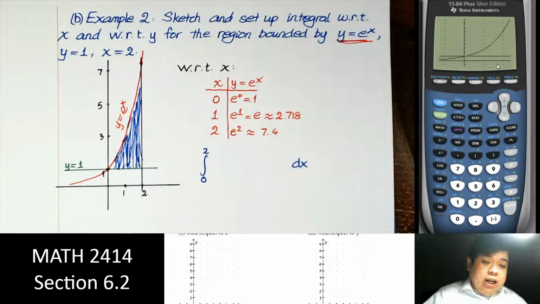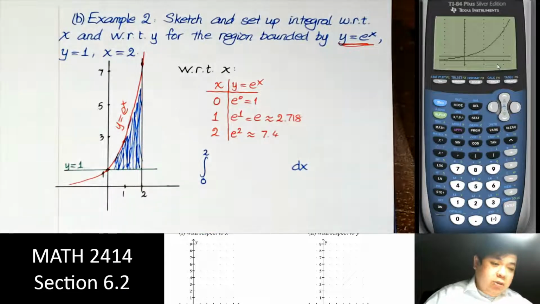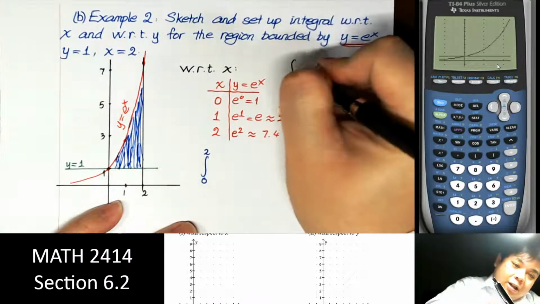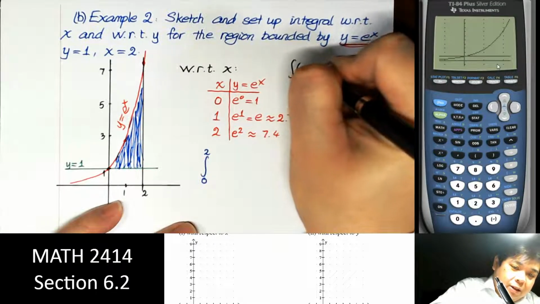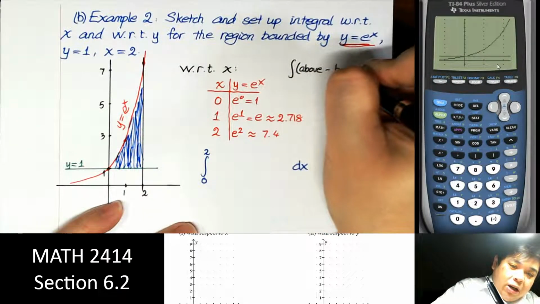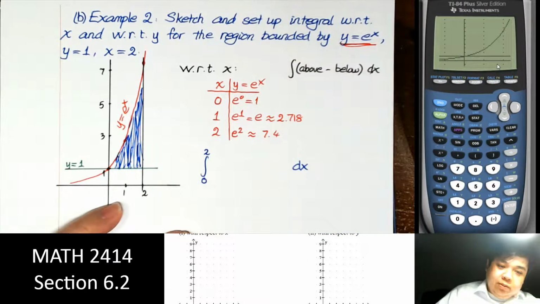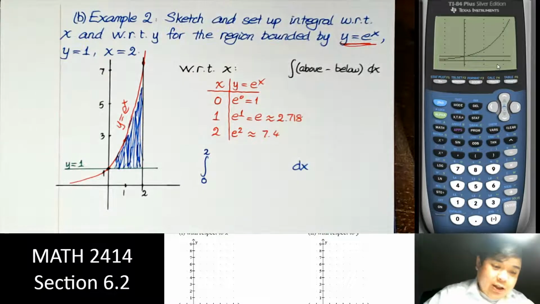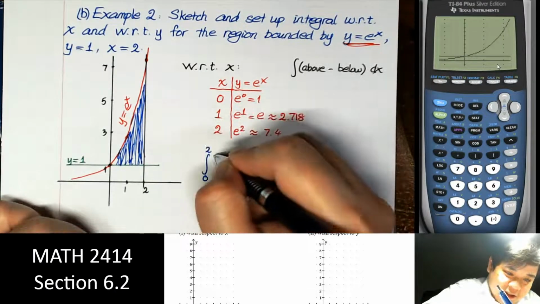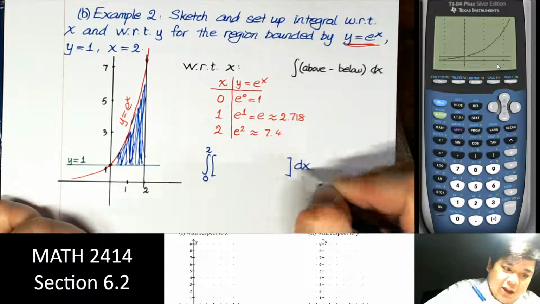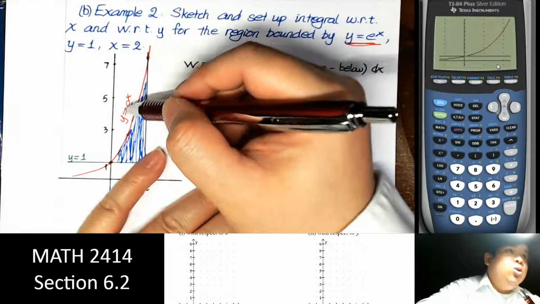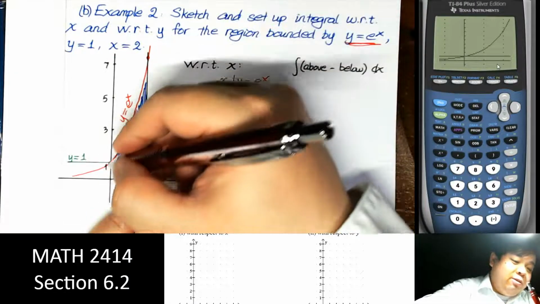Now, if it is dx, it's going to be the function above minus the function below, and then the limits. The function above is obviously y equals e to the x, so it has to be a function of x.